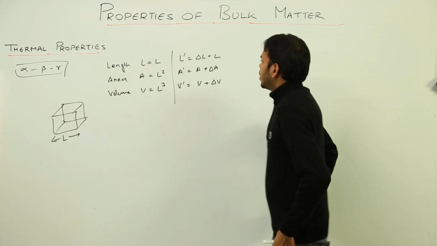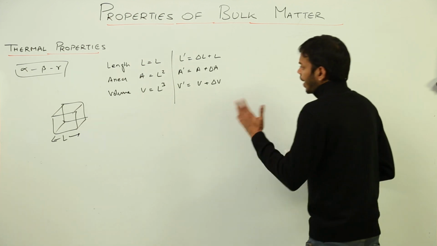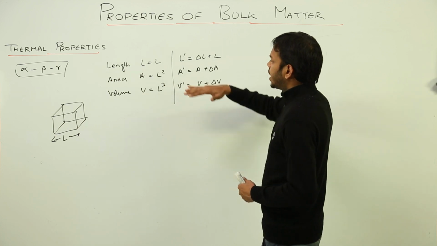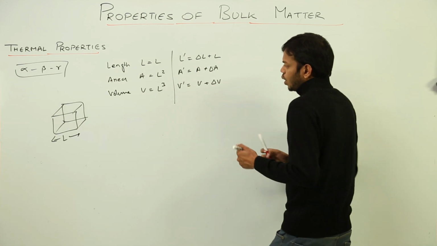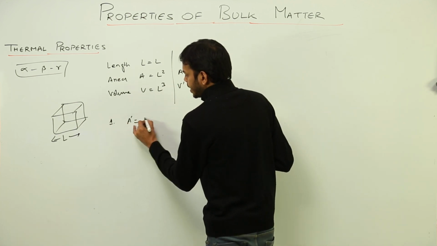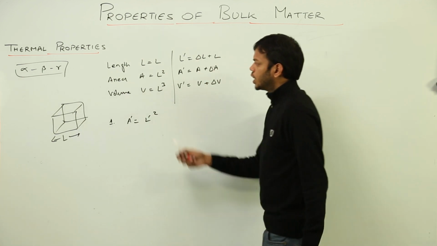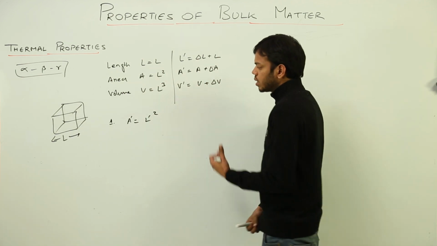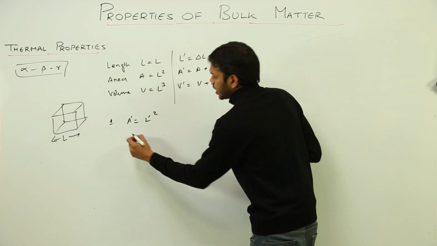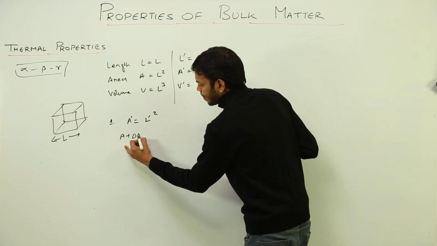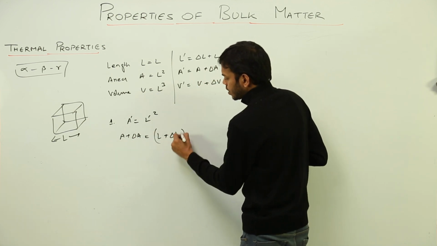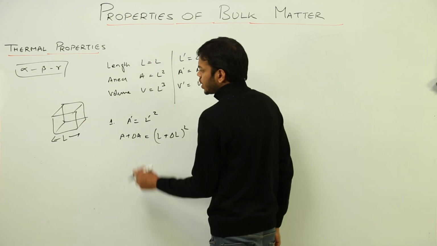This is true. Okay, let's find out a relation between first alpha and beta, that is, we are relating length and area. What is the new area dash? That is L dash square. Original area was L square, so A dash is the new length square. A dash is A plus delta A. L dash is L plus delta L, whole square, right? What was delta A?